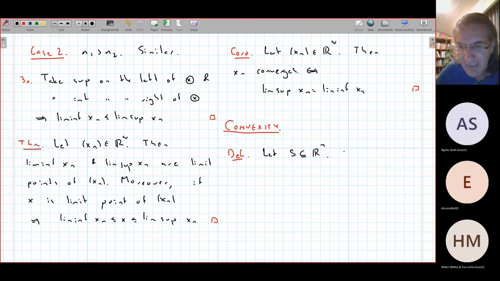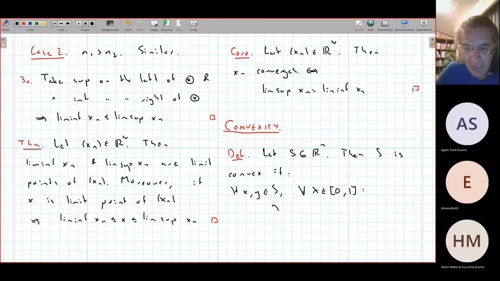Then we say that S is convex if the following is satisfied: for every x and y in S, and for every lambda between 0 and 1, lambda times x plus 1 minus lambda times y is in S. Now that's a definition, but this definition has a geometric meaning.